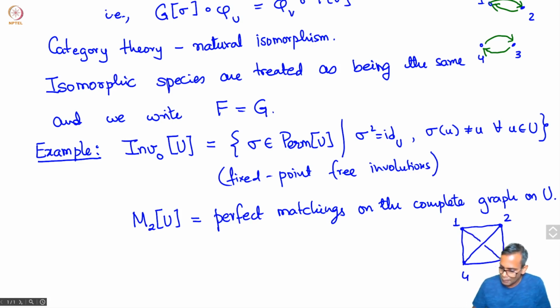And an example of a perfect matching on this graph could be where you match 1 to 2 and 3 to 4.